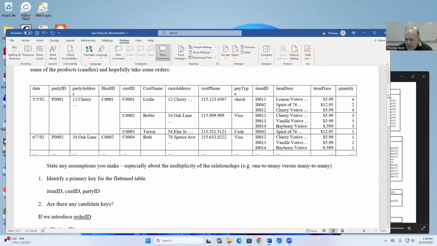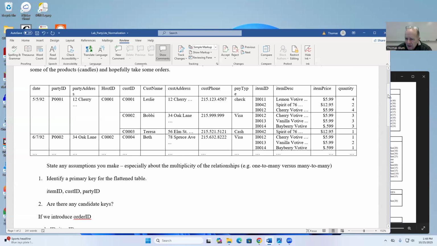Now, it's possible sometimes to put the price with the item, and you might also put it with whatever concept of order you have, because maybe the price will change in one way or another. You don't want the price on an order to change. They've ordered the lemon votives, and we hope the price of the day they're ordering won't change. That would not be nice to change the price after they've ordered them.